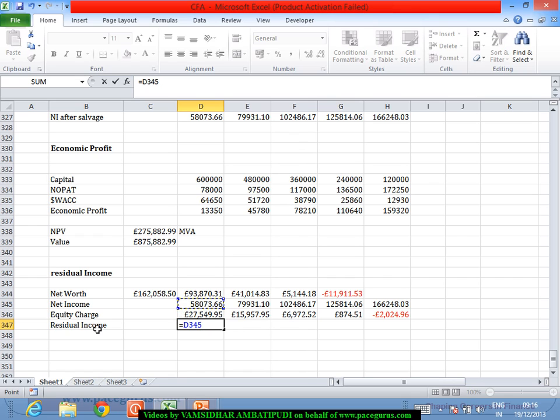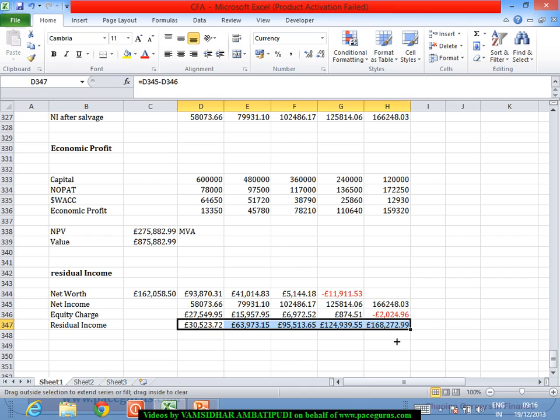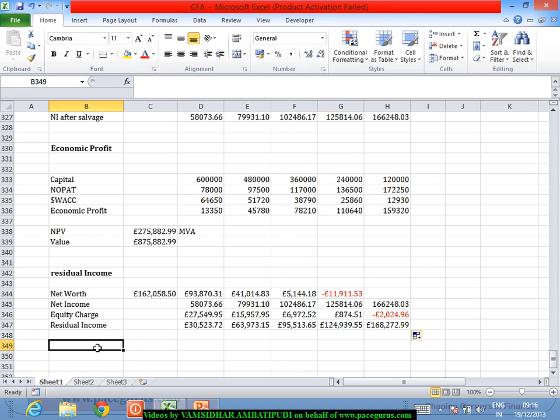So the net income minus the equity charge is what is contributing to the residual income in each of the periods, and discounting this, I'll not use WACC now, these residual incomes I will discount with the cost of equity to arrive at the NPV part.